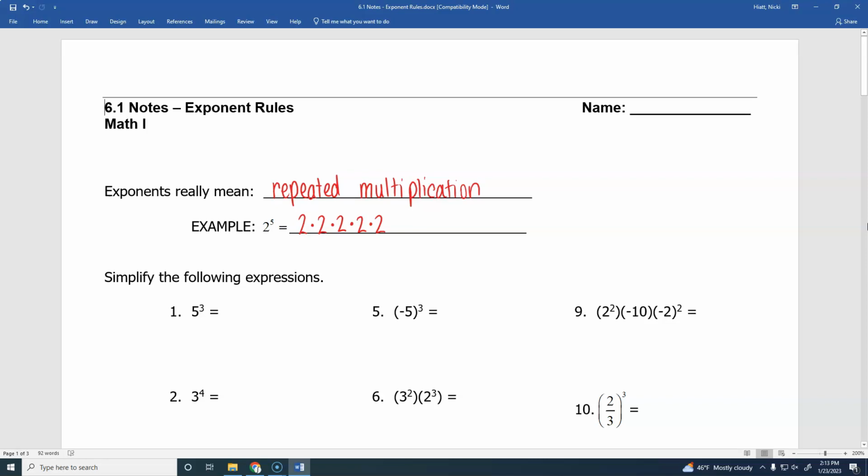So if we want to calculate 2 to the 5th power, we're going to have to multiply 2 5 times. All right, so if we're figuring that out, we'd have 4 times 4 times 2, that would be 16 times 2, so we would end up with 32 for that.